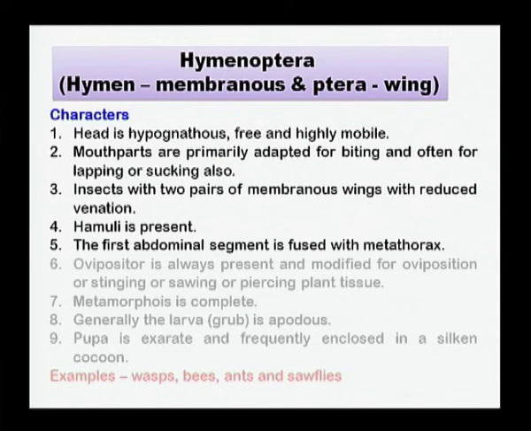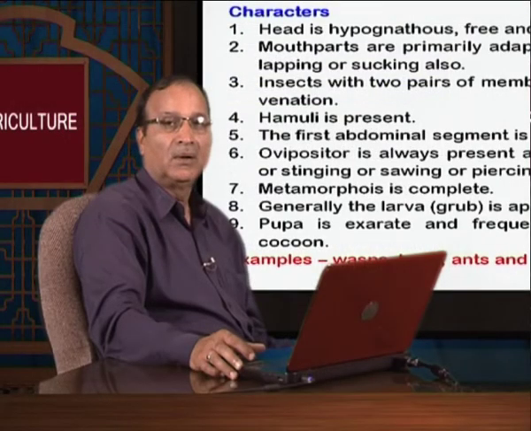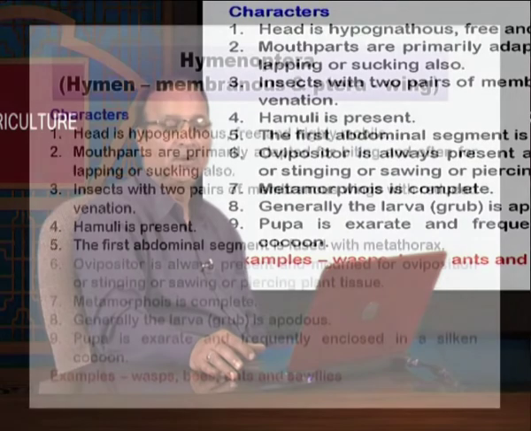The first abdominal segment of the insect body is fused with the metathorax. It means the first abdominal segment is completely fused with the third segment of the thorax.